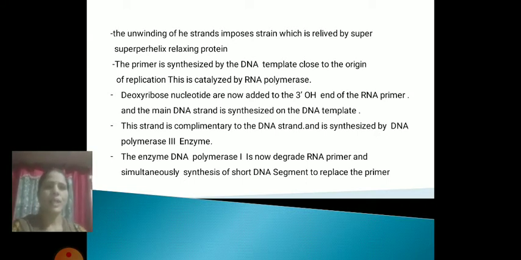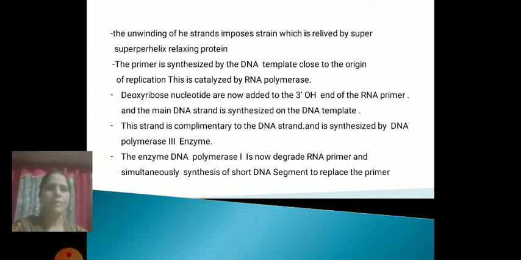Deoxyribose nucleotides are now added to the 3' OH end of the RNA primer. We know that the RNA primer has two ends, 5' and 3' OH, and at the 3' OH end new nucleotides are added.